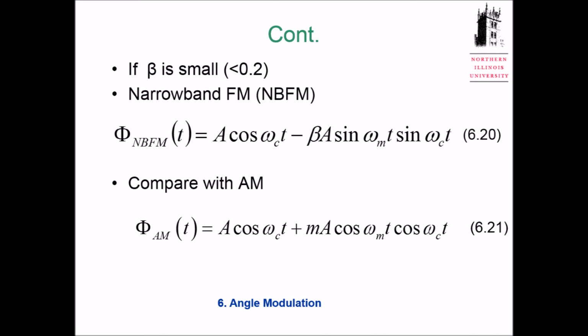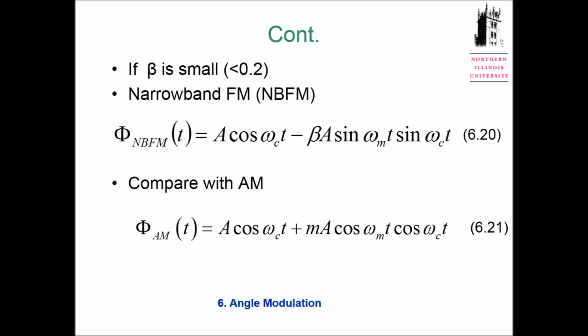So we just made my equation simpler when beta is small. Narrowband FM is A cosine omega c t minus A beta sine omega m t sine omega c t.